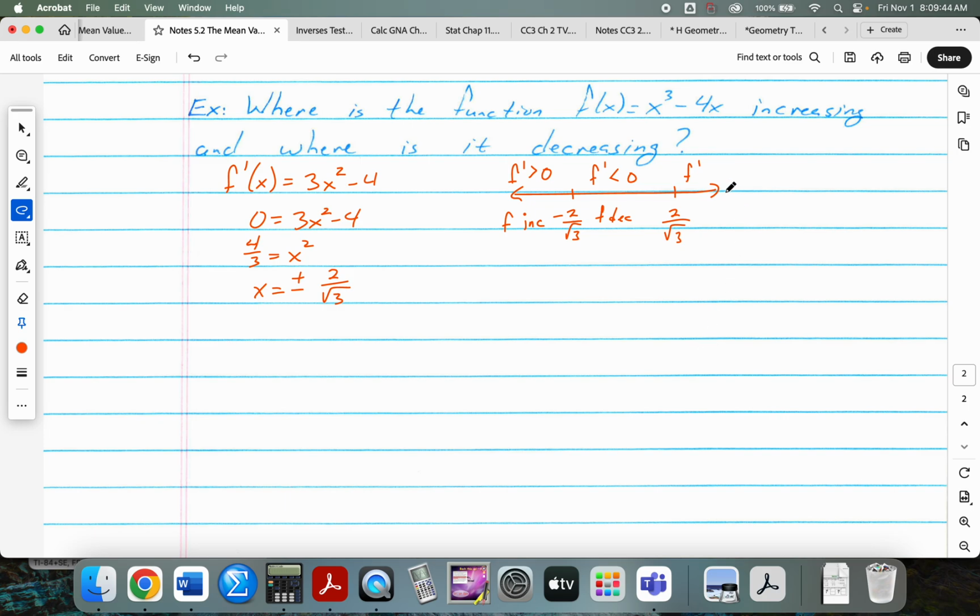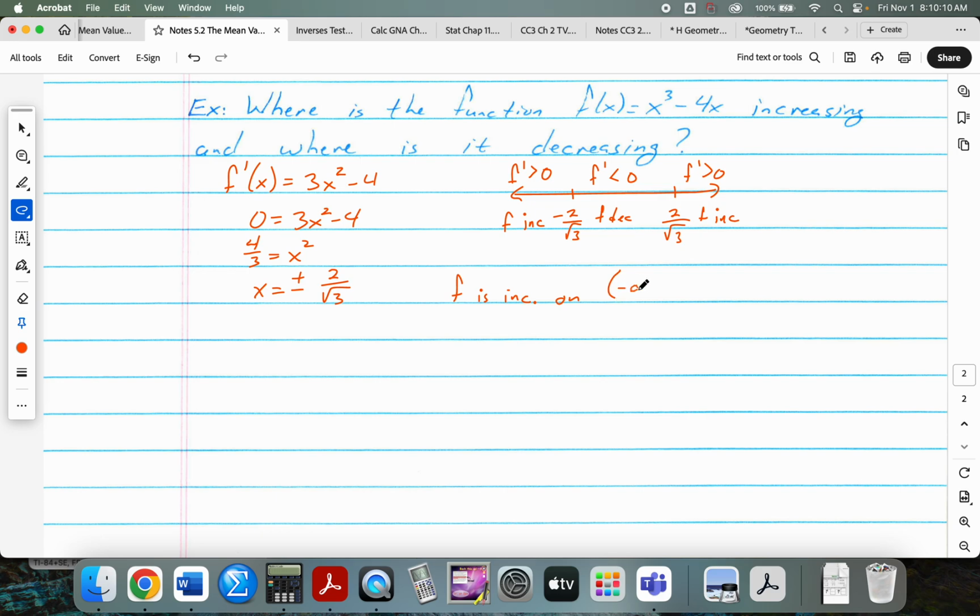And if we pick something larger than 2 over the square root of 3, like 2, we get the same result we got before when we substituted in negative 2, namely that f prime is positive. So f is increasing here. So f is increasing on two intervals.